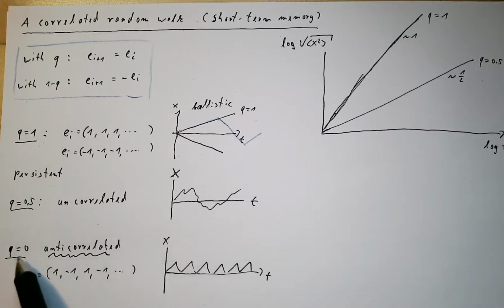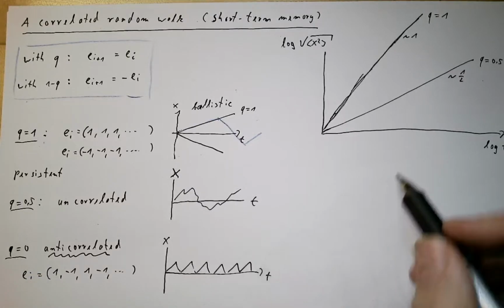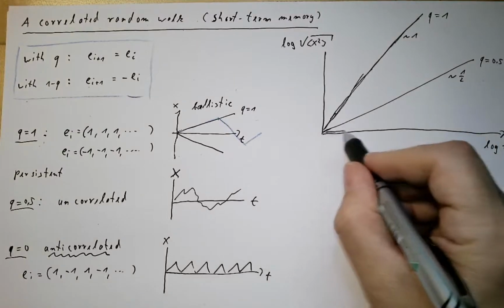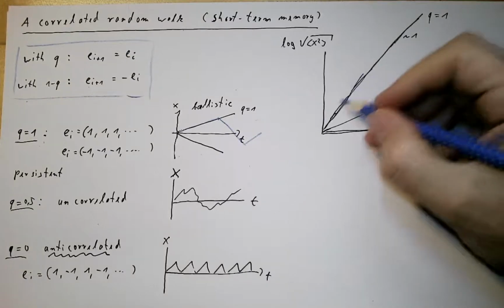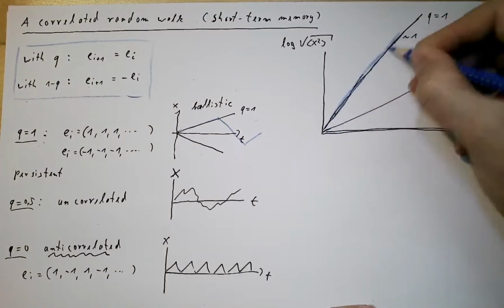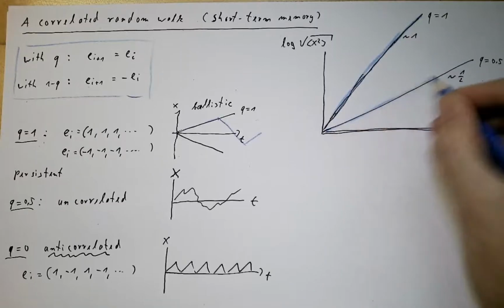And what's happening for q equals 0? For q equals 0, the walker doesn't proceed at all. So for q equals 0, we go here. Maybe I do this in color so it's easier to see.